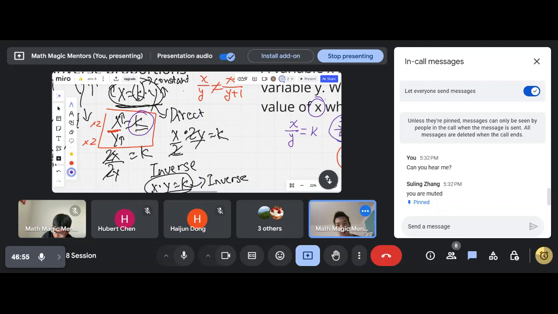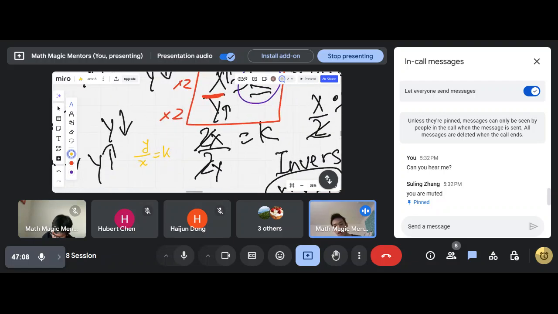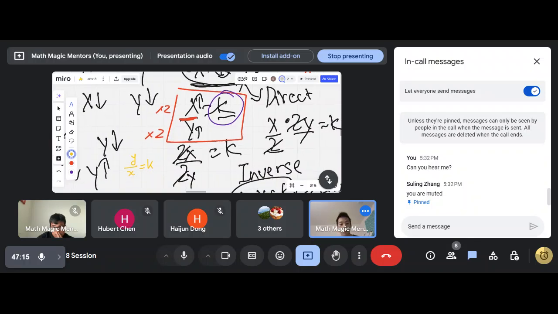relations, right? We can even write y over x is some constant k, because it really doesn't matter what we're representing with these variables x and y.